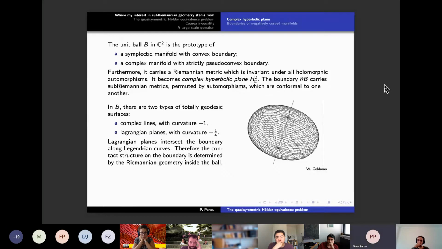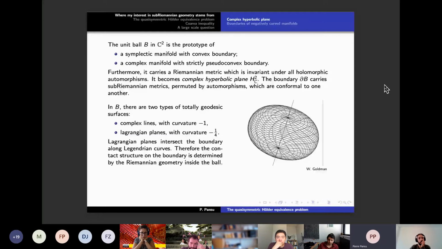Each of them is a copy of a real hyperbolic plane of curvature -1. And you also have the family of Lagrangian planes. Each of them is perpendicular to a complex line, and is again a copy of a hyperbolic plane, but with constant curvature, say -1/4.